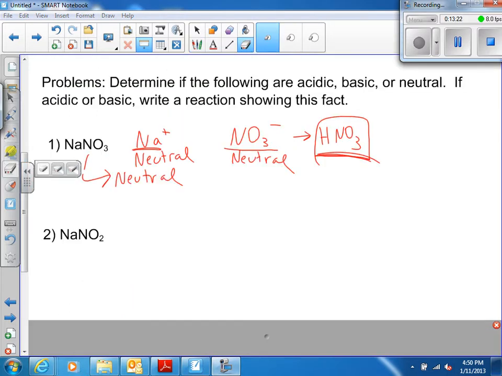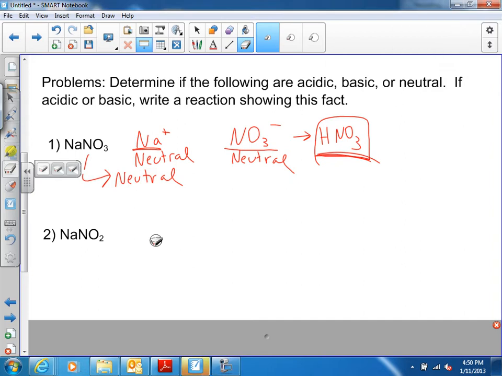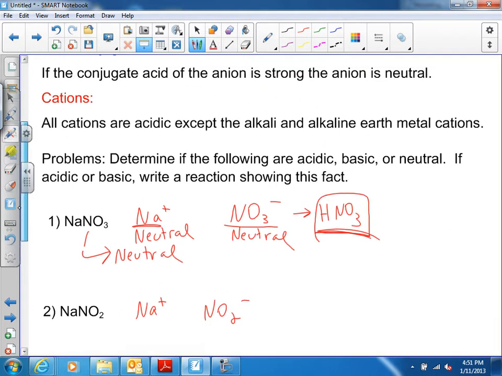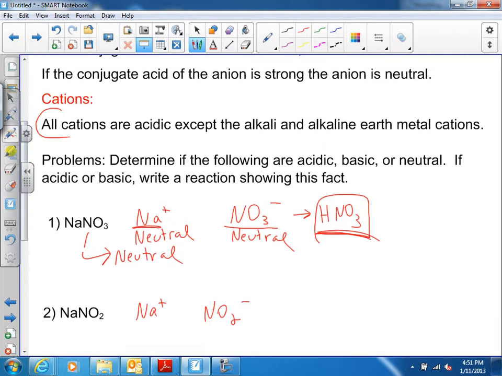Okay, next problem. If you want to do this on your own, go ahead and pause. I'm starting it up now. So I separate the chemical into the cation and the anion. Cations are always acidic unless they're alkali or alkaline earth metals. This right here is an alkali metal, so this is neutral. It's not acidic, and cations cannot be basic, so that cation is neutral.